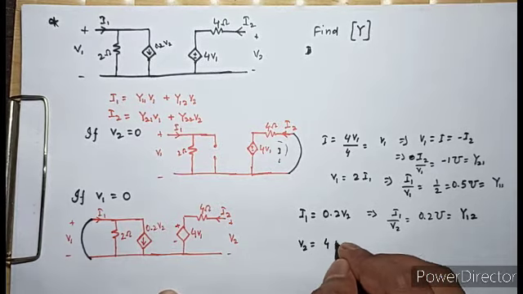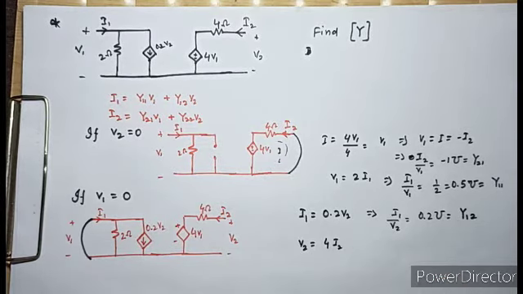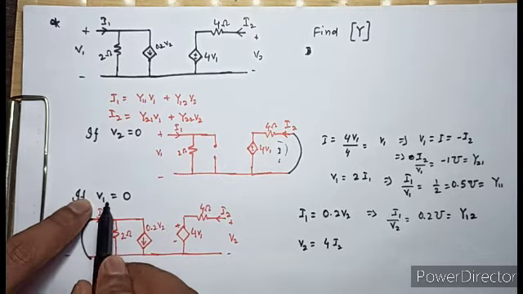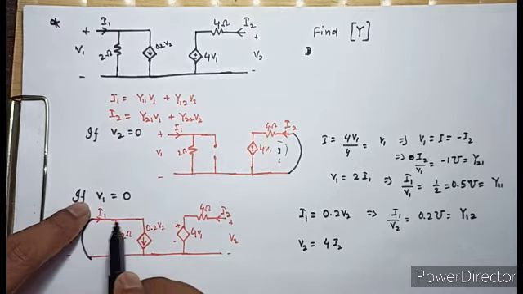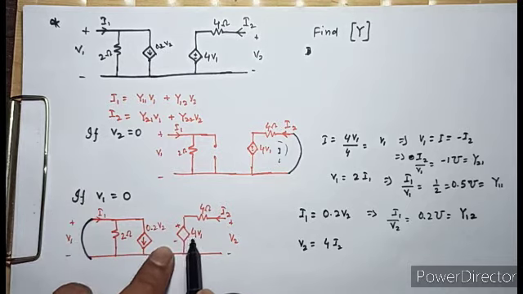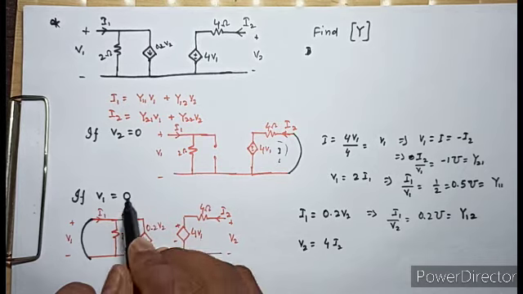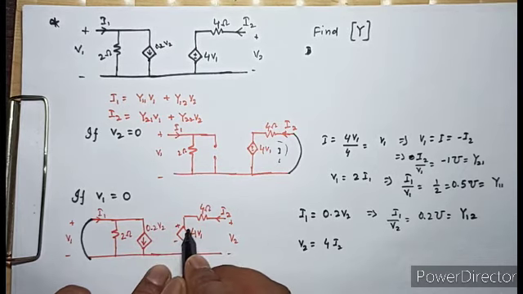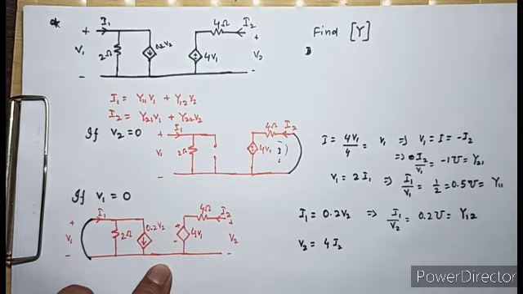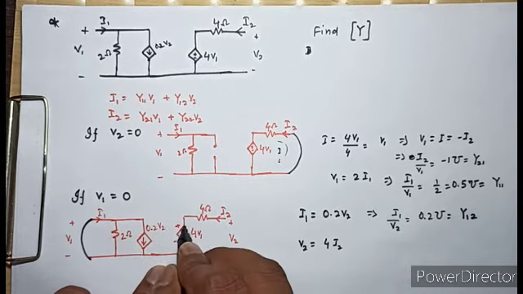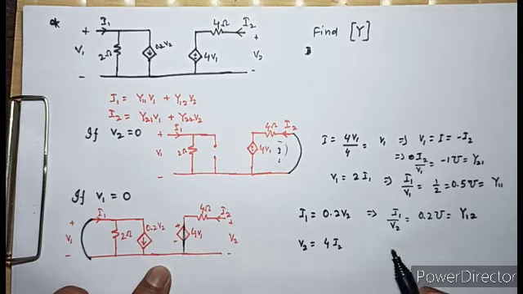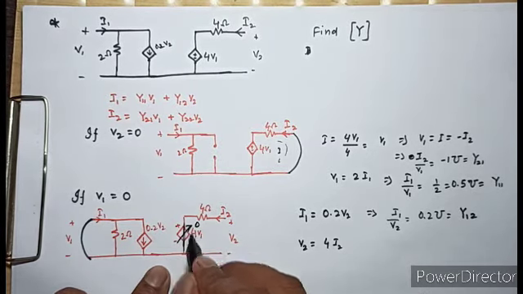And V2 will become what? 4 I2, because since we have made V1 equal to 0, means we have short circuited the input terminal, and this is a voltage dependent voltage source which is depending on V1. Since V1 is 0, its value will become 0, and a voltage source with 0 value is represented as short circuited, right?